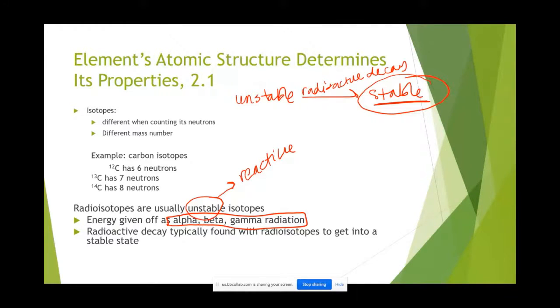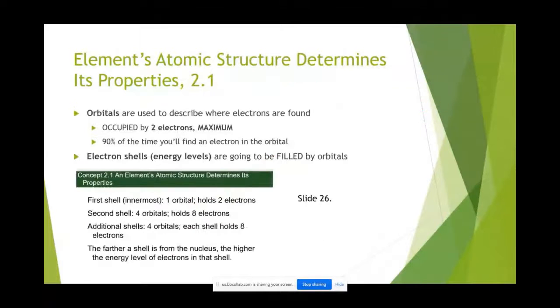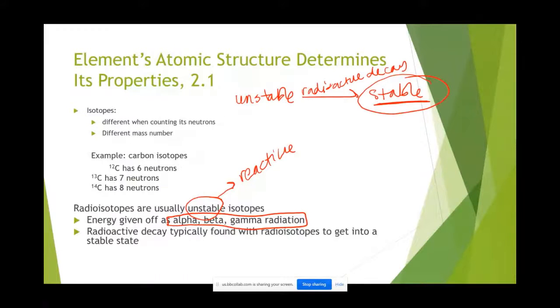So what am I saying? Let's say you have this unstable A, okay? A is really, really unstable, so it's going to go through some sort of decay process. Have any of you heard of alpha decay, beta decay, gamma decay? If you haven't heard of it, that's okay.